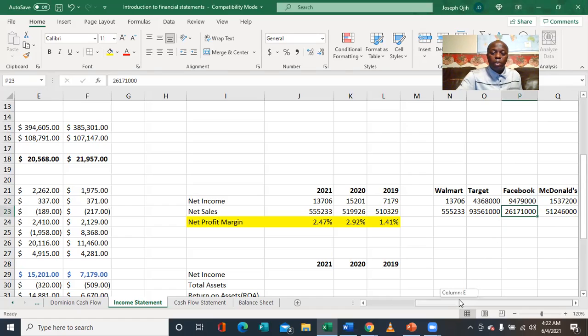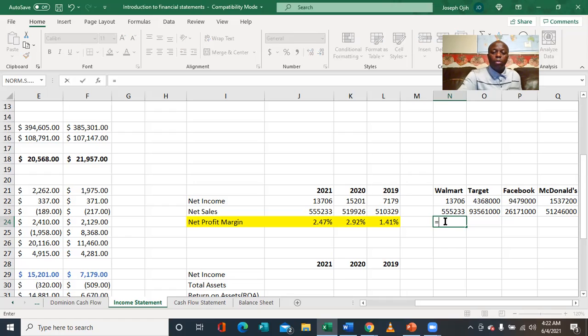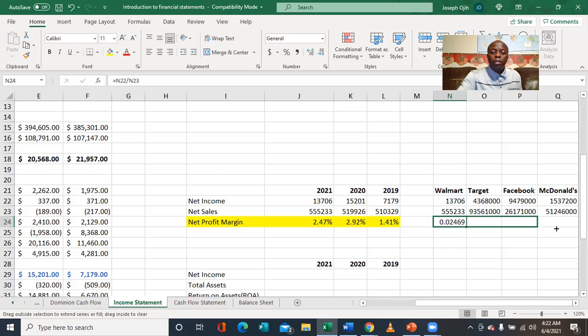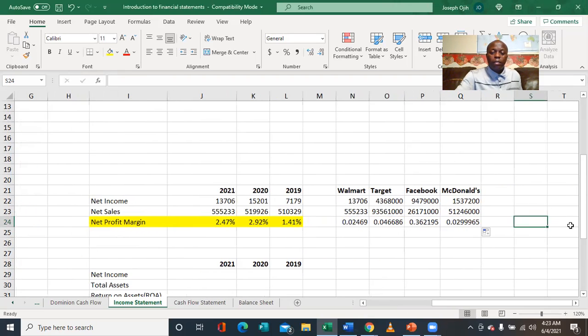Okay, good. Now with this, we can find the net profit margin for these companies. Again, it is net income divided by net sales. Then press the enter key and copy all this all the way down. You can see right there, I can make them percent.